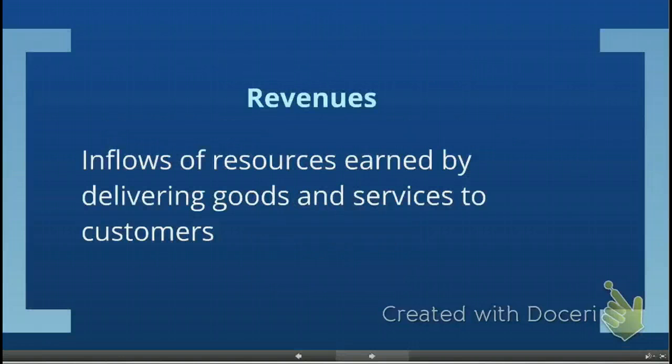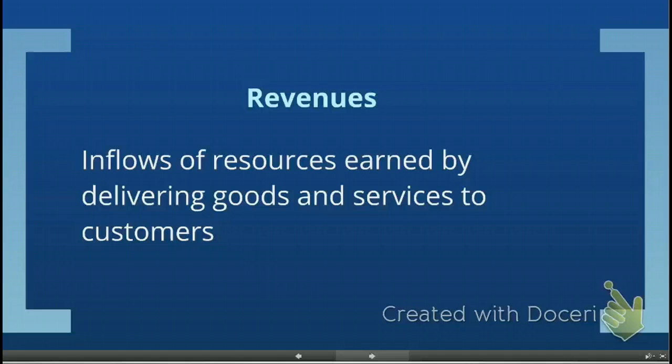Revenues are defined as inflows of resources earned by delivering goods and services to customers. I don't focus a lot on exact word definitions, but I do expect you to know how to explain an item and what a revenue would be. Let's say you go into Walmart and purchase 10 items.